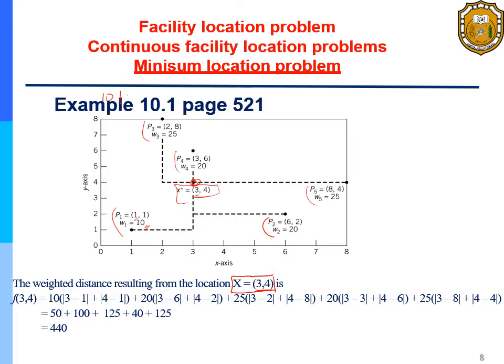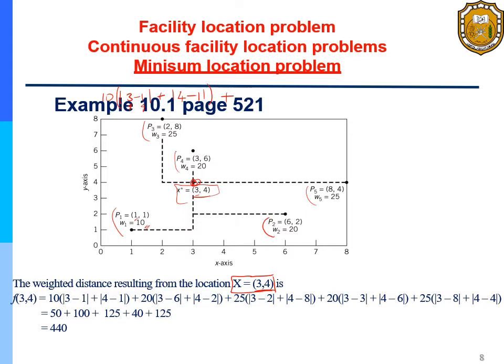So it will be 3 minus 1. This is the x coordinate of the new facility, and this is the x coordinate of P1. Plus, let me put this in parentheses, the absolute value of the y coordinate of the new facility minus the y coordinate of P1. Okay, this is the total distance that I am covering between the new machine and P1.